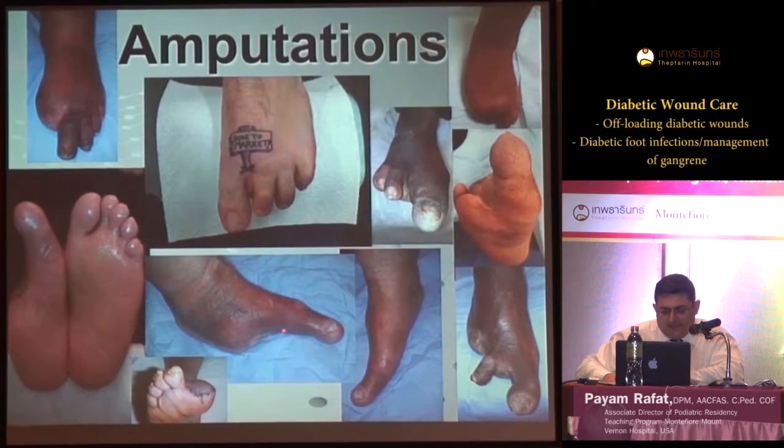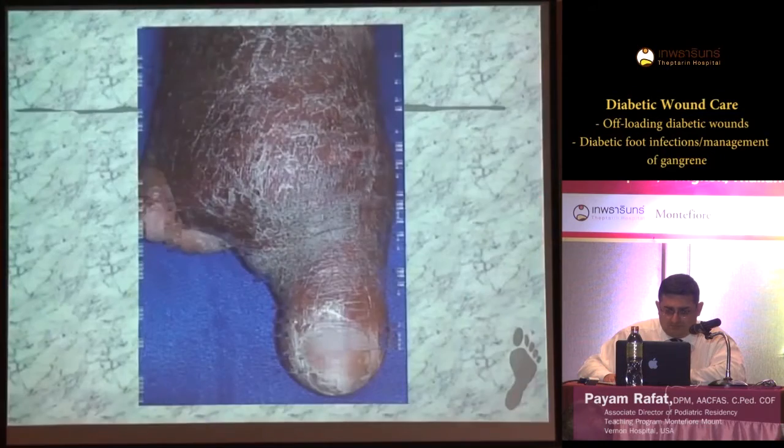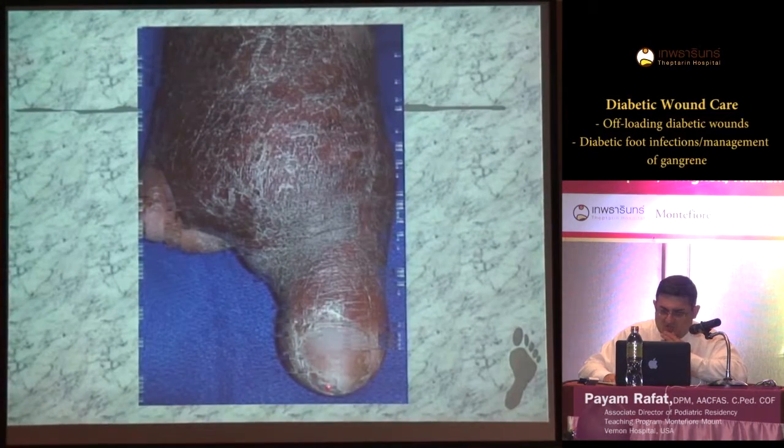For example, this particular one on the bottom left with just one big toe left, certainly not a very stable construct, so they're at high risk for developing potential ulcerations underneath that toe, potentially having fractures. So this particular patient had a partial second and third ray amputation.